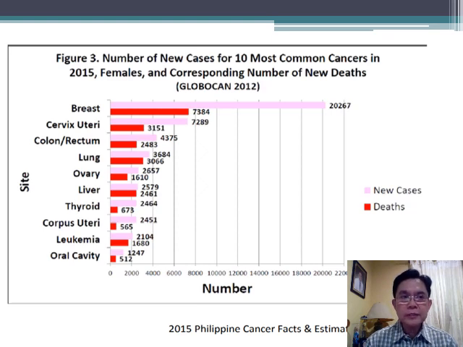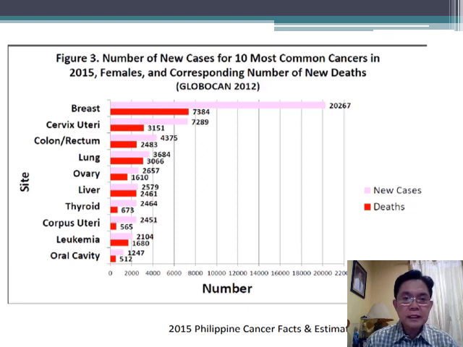However, in terms of mortality, breast is still number 1, followed by the cervix, but now number 3 is the lung, followed by your colorectal cancer. Then you have your liver, the leukemias, and the ovary.